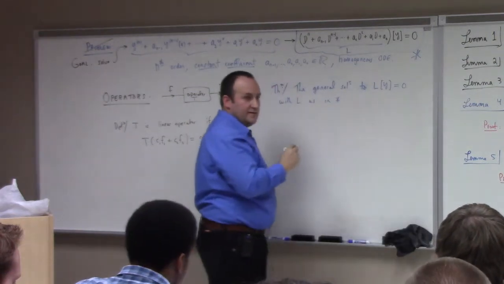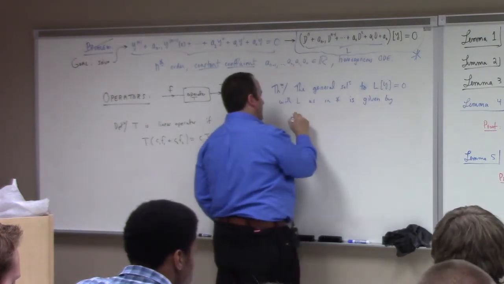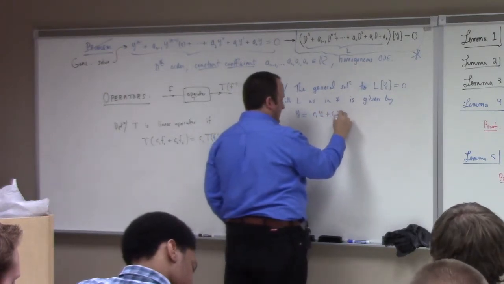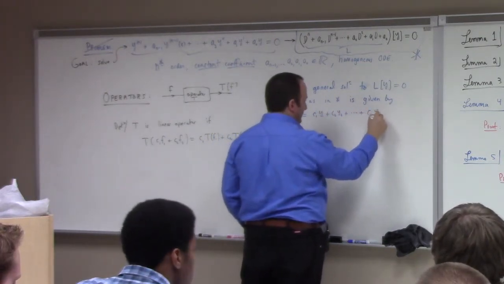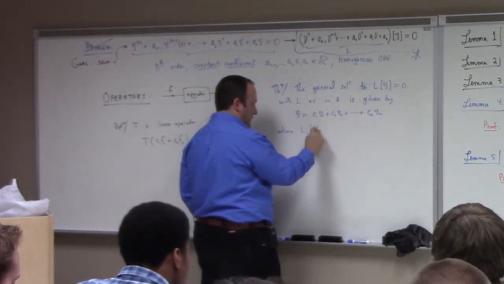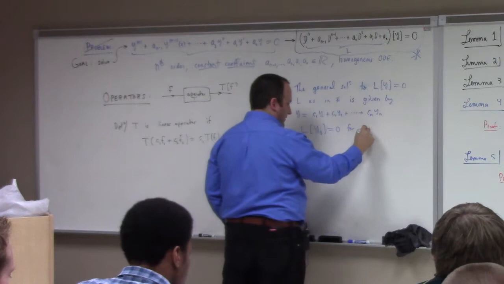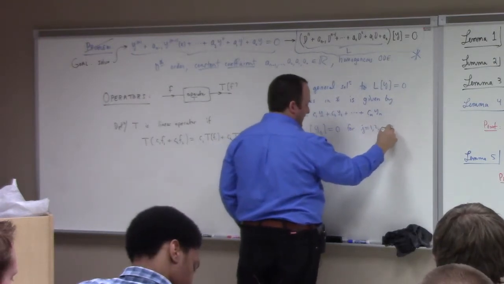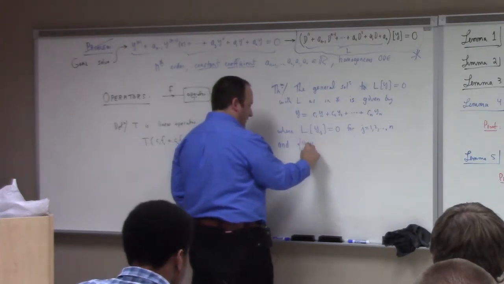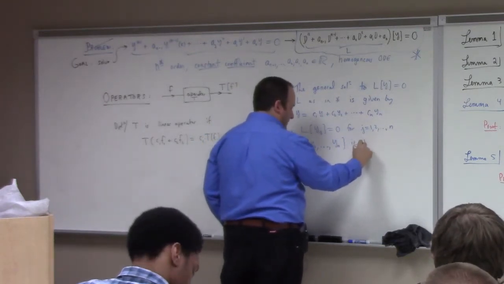Okay, is as follows. It is given by y equals c1y1 plus c2y2 plus ... plus cnyn, where L of y sub j is equal to 0 for j equals 1, 2, ..., n, and this set y1, y2, ..., yn is linearly independent.